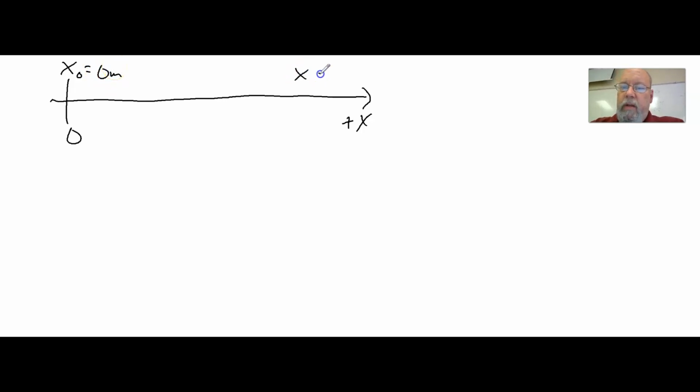We're not given any information about how far we do end up going. We could figure that out if we wanted to, but we're not asked to. And then we are told that we start from rest, so our initial velocity is 0 meters per second. Then we're told that our final velocity is 75 kilometers per hour.